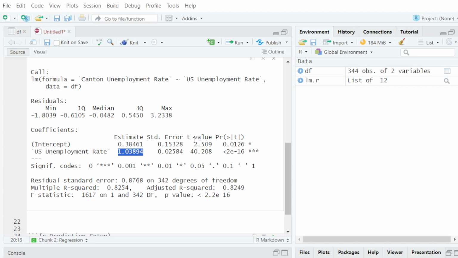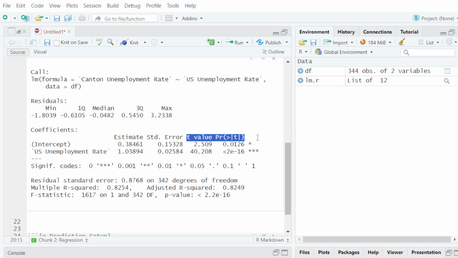The t-values, and these last two columns I'm going to really treat together. The t-value and this Pr greater than t, that's really a p-value. Those are both based on a hypothesis test, and the null hypothesis is that that particular line's coefficient is equal to 0.